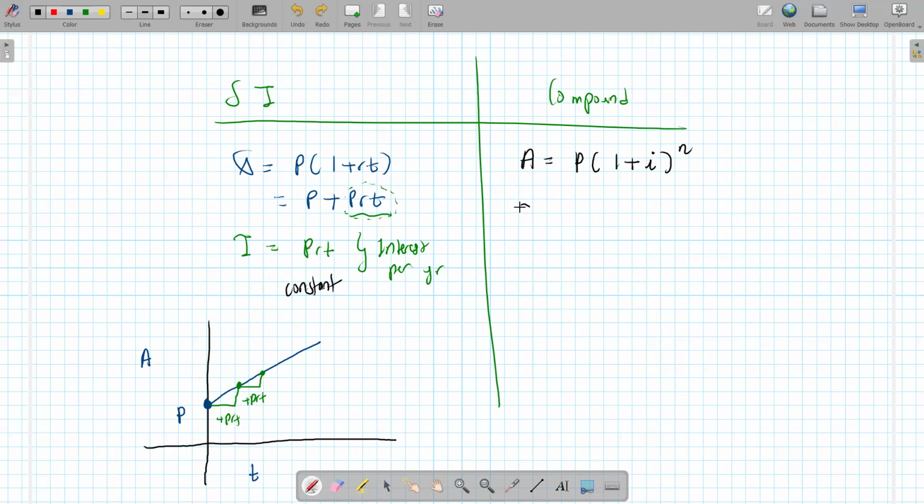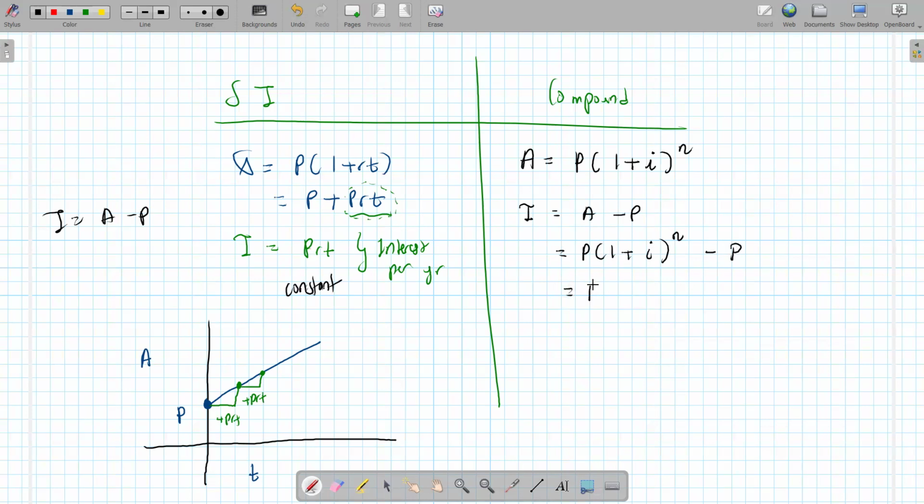The interest here is a little bit complicated. The interest is always amount minus the principal. Interest here is also amount minus the principal, but the formula here is a little bit weird. Amount is P(1 plus I) to the power of n. Principal by itself is just P. What you do here is that you take a P common.